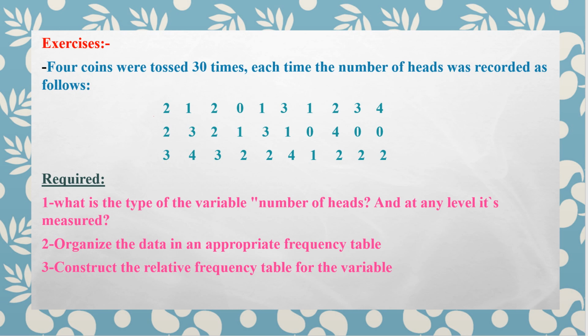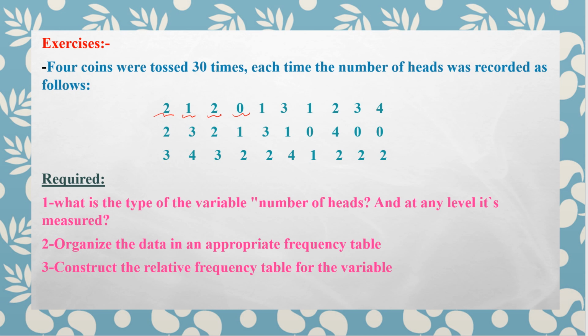The first time we tossed the 4 coins, we got only 2 heads. The second time we got 1 head. The third time we got 2 heads, and the fourth time we got no heads, or 0 heads, and so on till the end of 30 times.